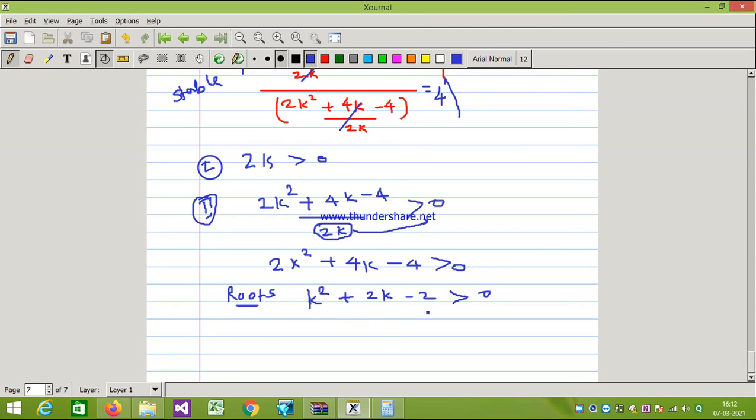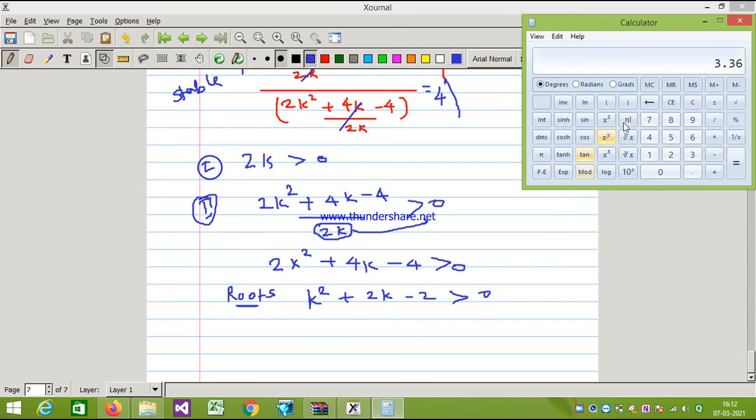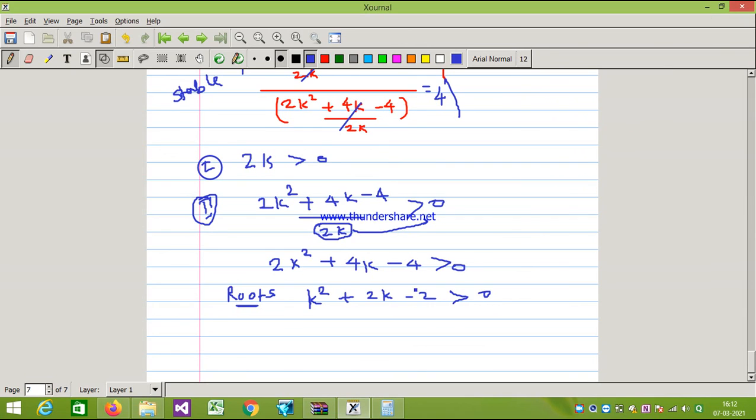How to find roots? A better way is to put it in the calculator. When we put this in the calculator, what does k become? So k is -1 plus √3. This we can calculate by using the formula -b plus or minus root of b square minus 4ac, divided by 2a. By using this formula you get this k, right?